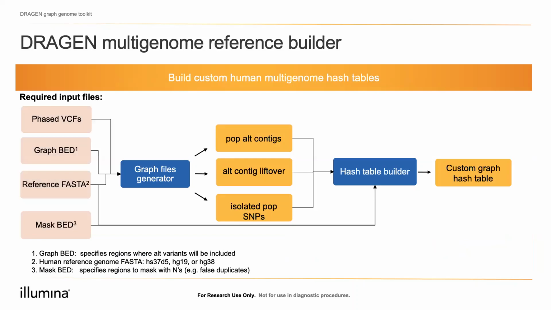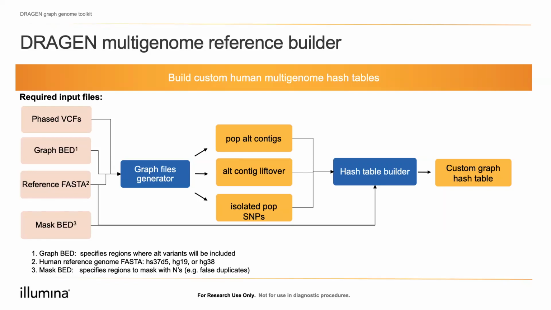So this reference builder that allows you to build custom human multi-genome hash tables takes a phased VCF as input, a graph bed that specifies the regions where alt variants will be included, a reference FASTA that has the human reference genome that supports the HS37D5, HG19, or HG38, and then the mask bed that specifies regions to mask with Ns, essentially the false duplicates.